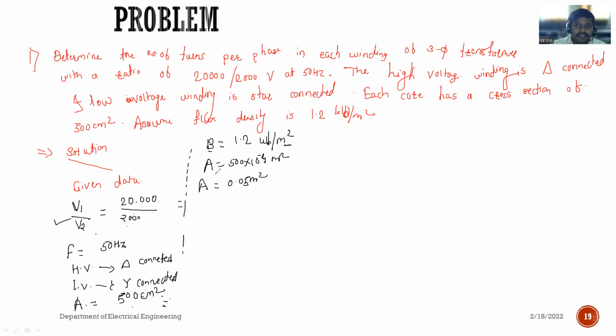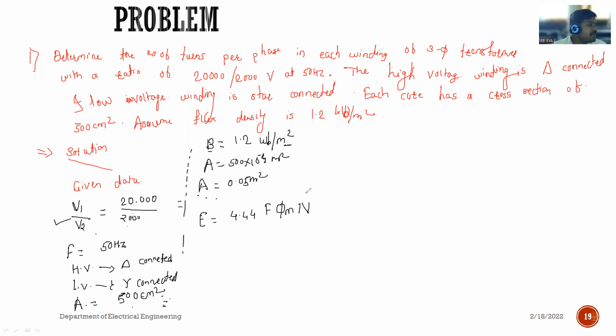But is equal to what? E. So E is equals to 4.44 F phi m into what? N1. हाँ, n number of turns ना, आपल्याला number of turns calculate करायचे. So it is equals to number of turns n.